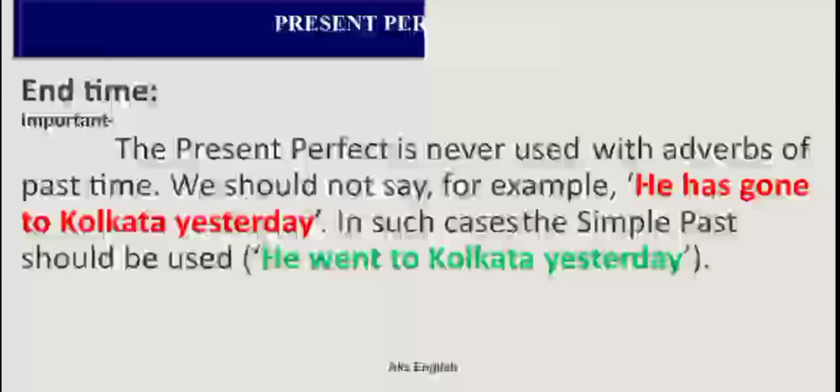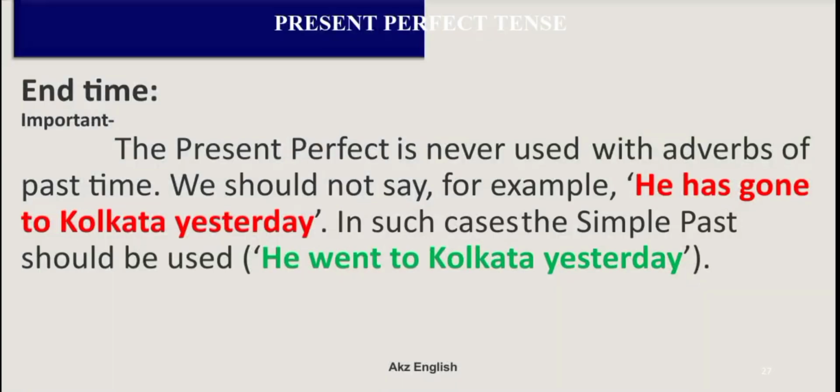And the last point about the tense is very important while writing sentences in a competitive examination, or when we write an essay or a passive sentence. This point must be kept in mind: the present perfect is never used with adverbs of past time.